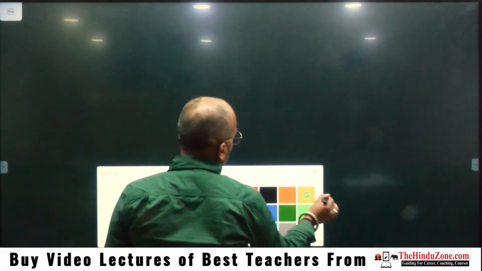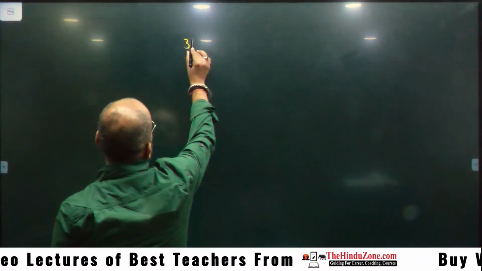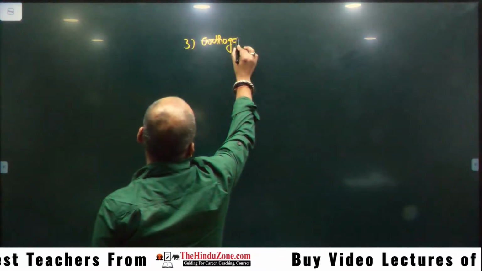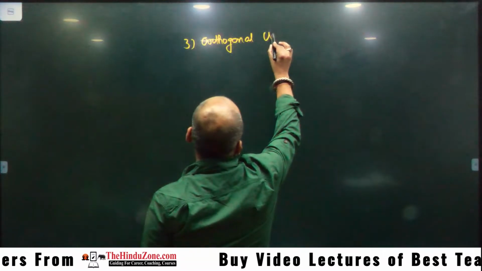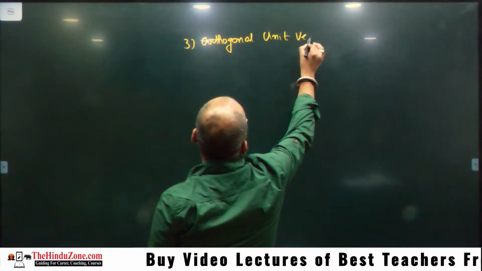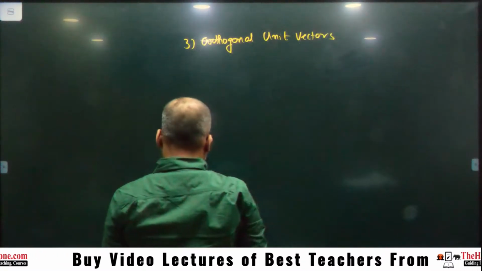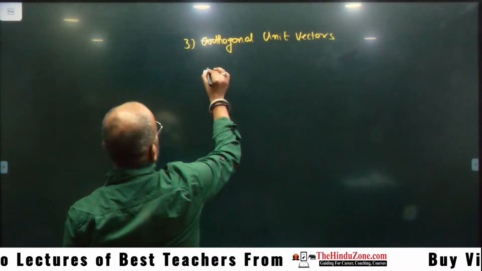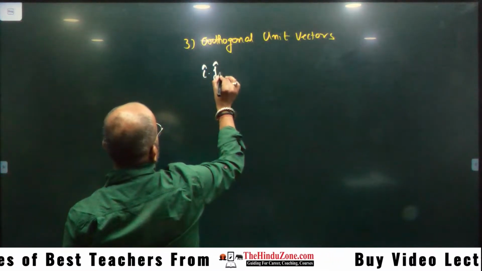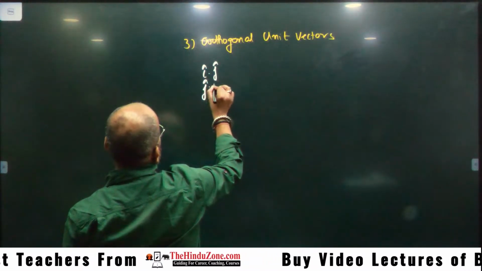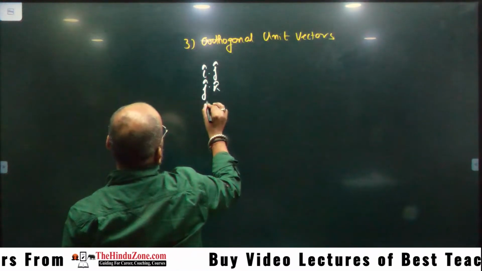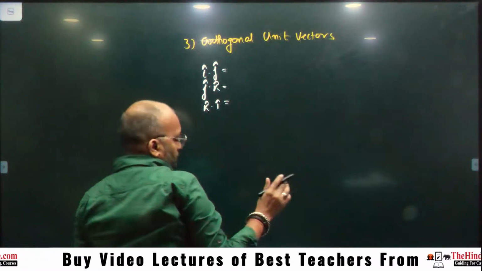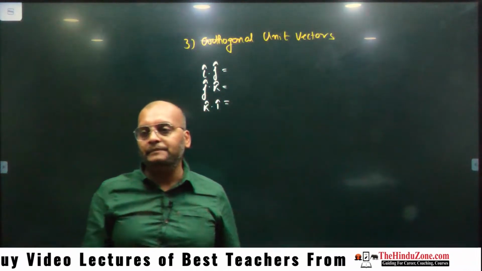Dot product of orthogonal unit vectors. That means i dot j, j dot k, what will be the answer, Pushkin?